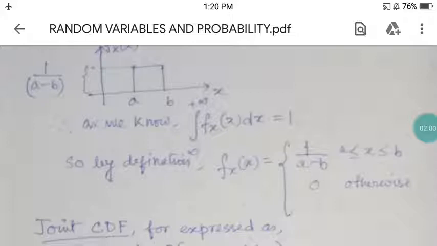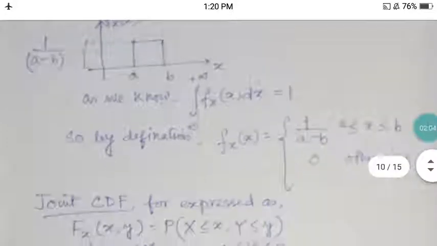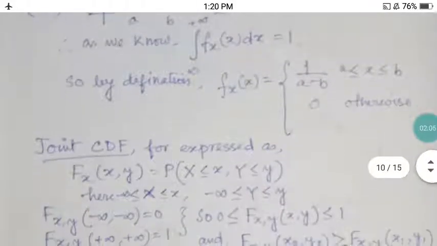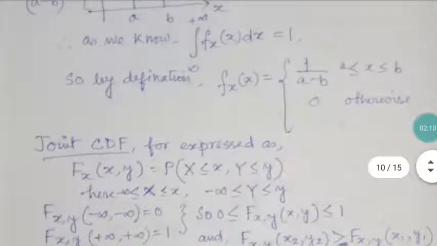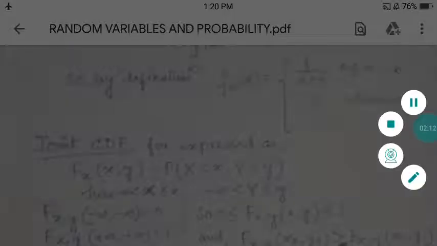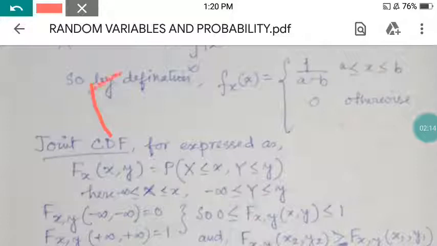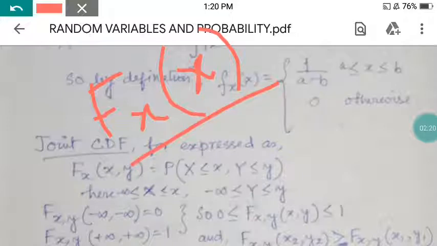Now, if you consider the case of joint PDF, in the previous single CDF discussion we just wrote it as F of X of x. That was a case of a single-variable CDF.